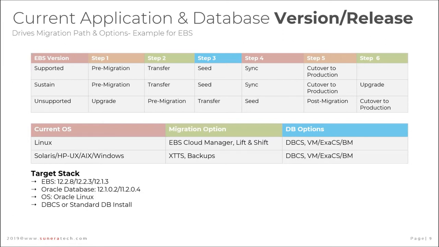Ideally the target stack on your Oracle Cloud would be 12.2.8 or 12.2.9, which was released recently, or 12.2.3 or 12.1.3 application version. And the underlying database would be 12.1 or 11.2, with the corresponding OS and other application versions.